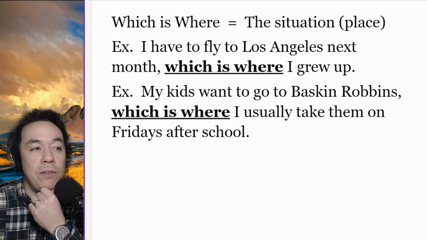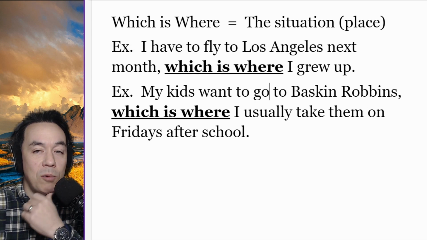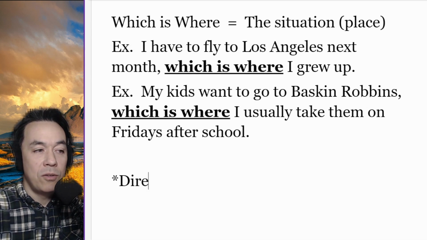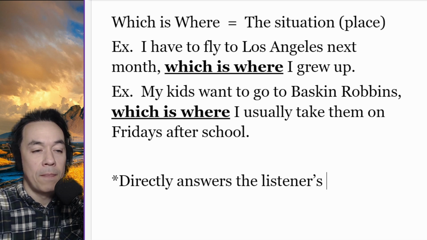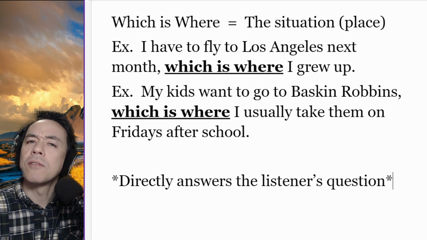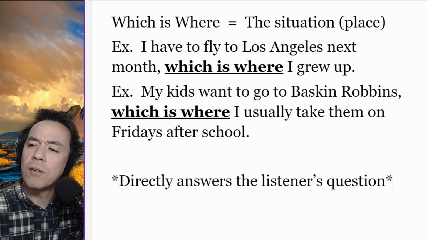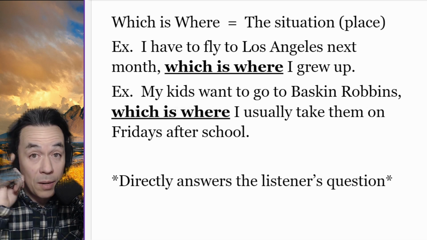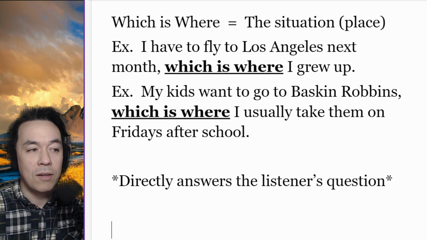But I feel like this phrase, which is where, which is who, which is why, kind of directly answers the listener's question that they're thinking, that maybe their face is showing. I will answer your question in your mind. I'm sensing your question.